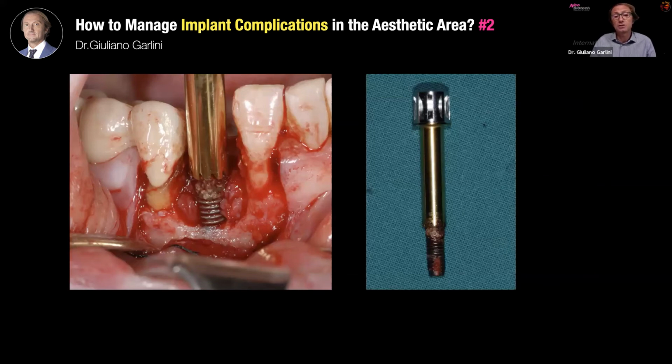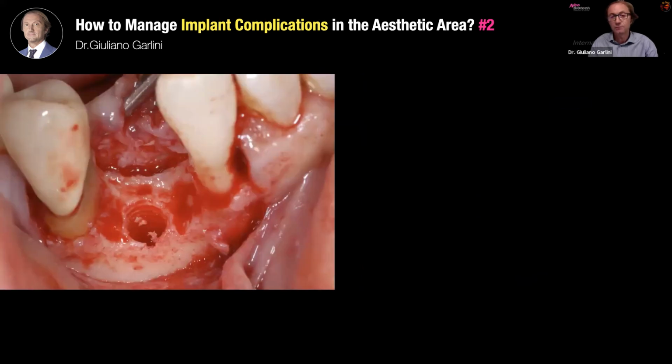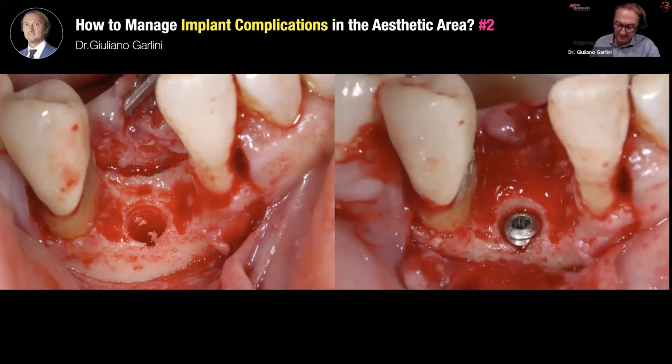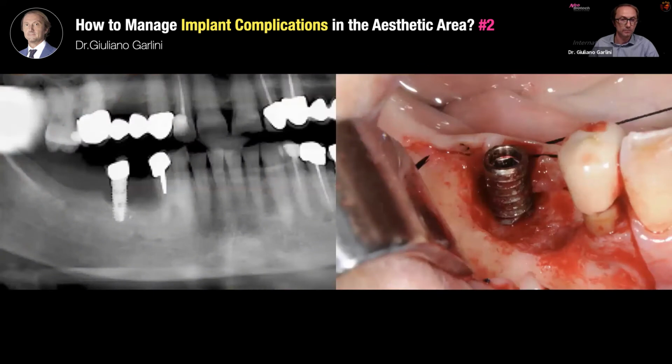But the very interesting thing is that the remaining bone was almost intact. So, as you can see from this image, it was very easy for me to install a new ES2 NeoBiotech fixture just after the previous implant removal. So this is a very important thing.